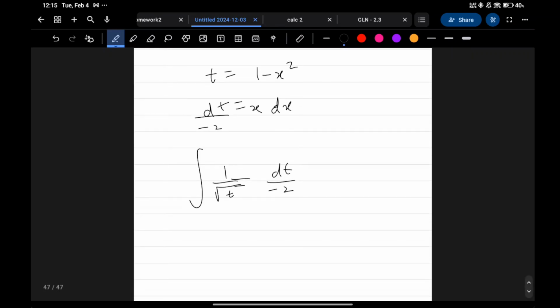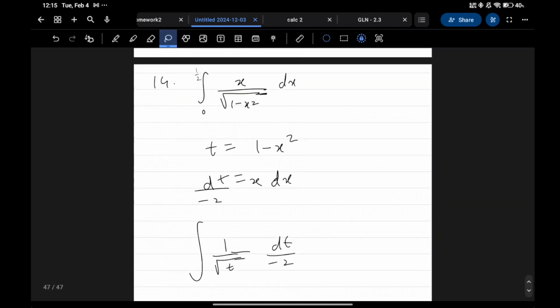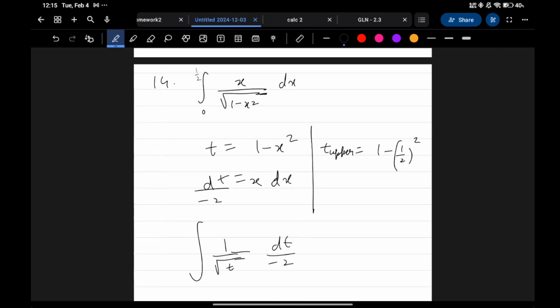Now let's move the constant outside. Oh, maybe we'll do that later. Let's first deal with the upper and lower bounds. So t of upper equals, I have to just plug in 1 over 2 over here. This becomes 1 minus 1 over 2 squared, which is 1 minus 1 over 4. That becomes 4 minus 1 over 4.